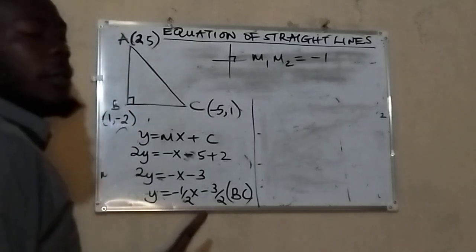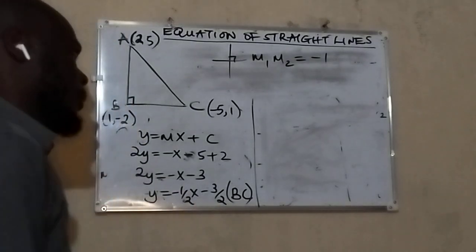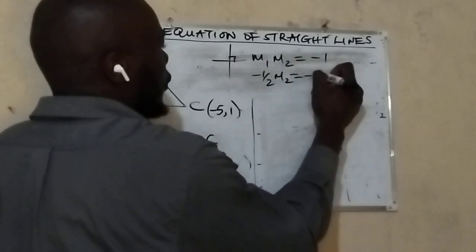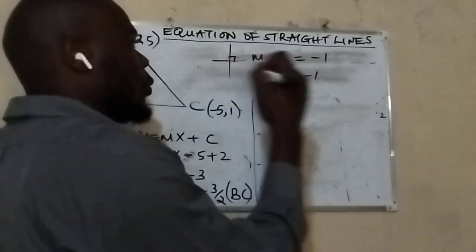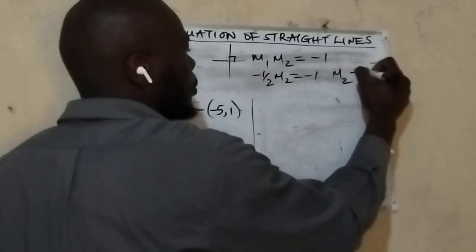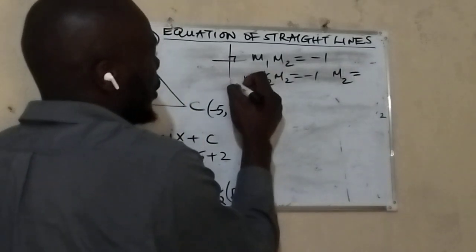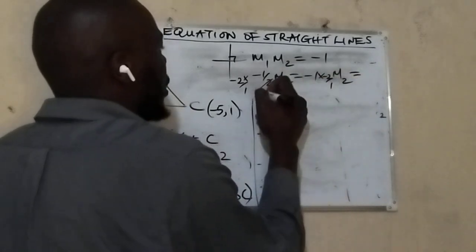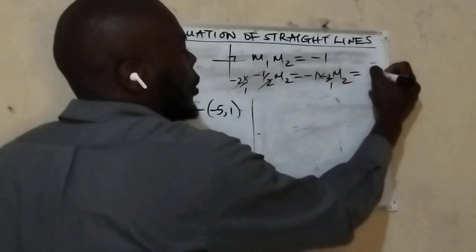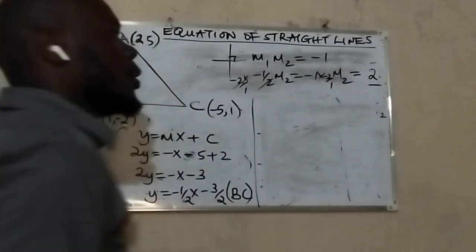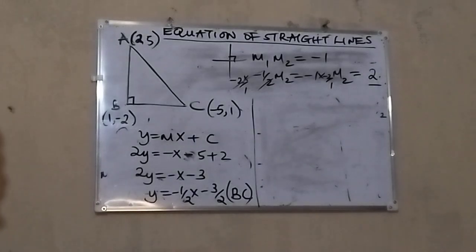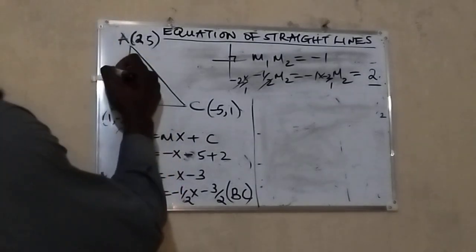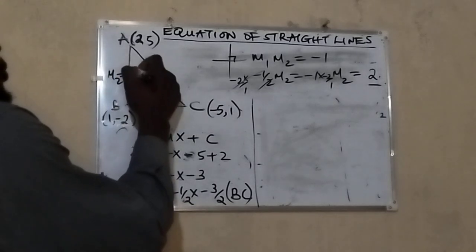So since the first gradient is -1/2, we'll have -1/2 multiplied by M2 equals -1. If you make M2 the subject, we multiply both sides by -2/1. So M2 will be +2. So the gradient for line AB is +2.